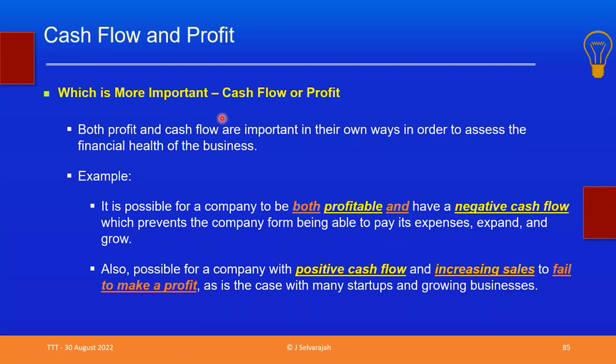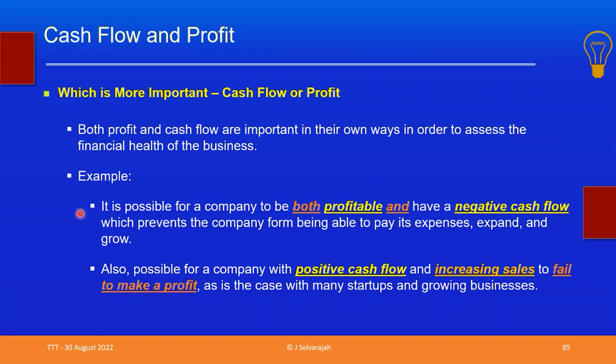Very interesting question: cash flow or profit? Profit and cash flow are important in their own ways because both are interlinked one way or another. There's no such thing as them being different. If you don't generate revenue, you don't generate cash. Both are important in order to assess the financial health of the business.